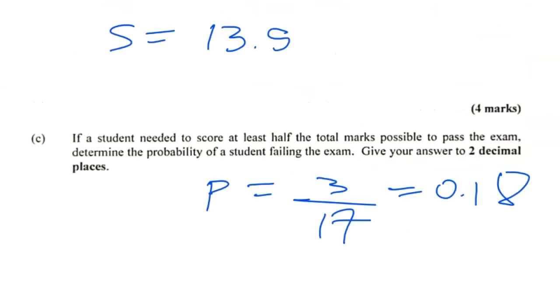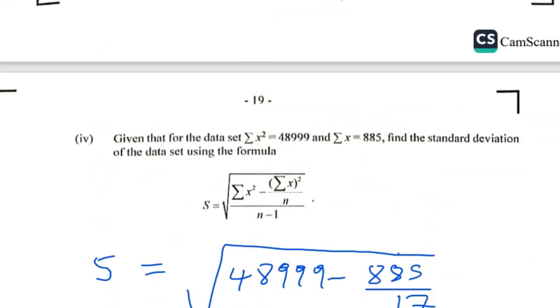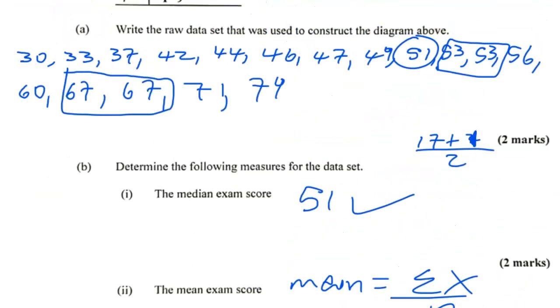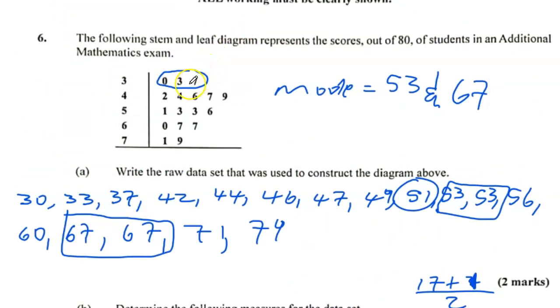Let's go back to the table and check how many students passed. We know 3 failed the exam and there were 17 students, so 14 students passed the exam. 14 got above 40.